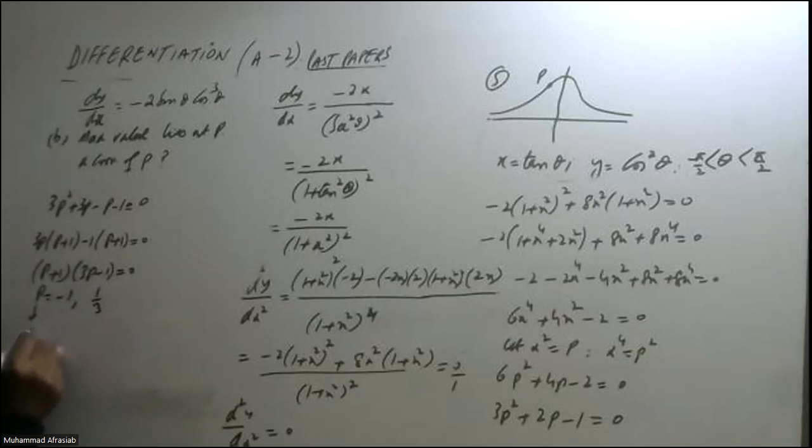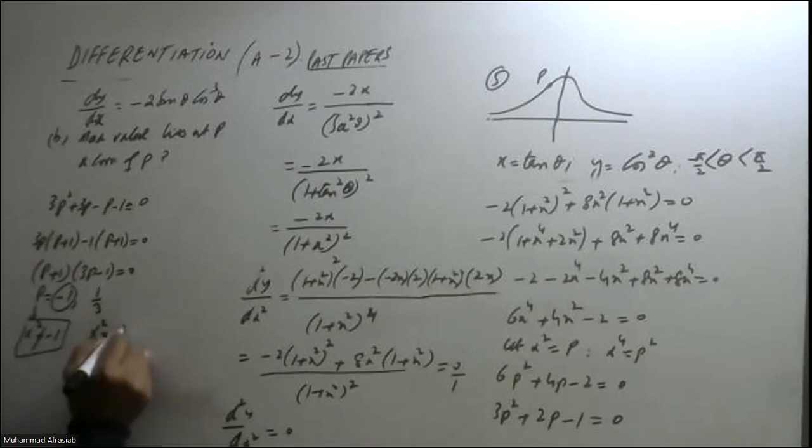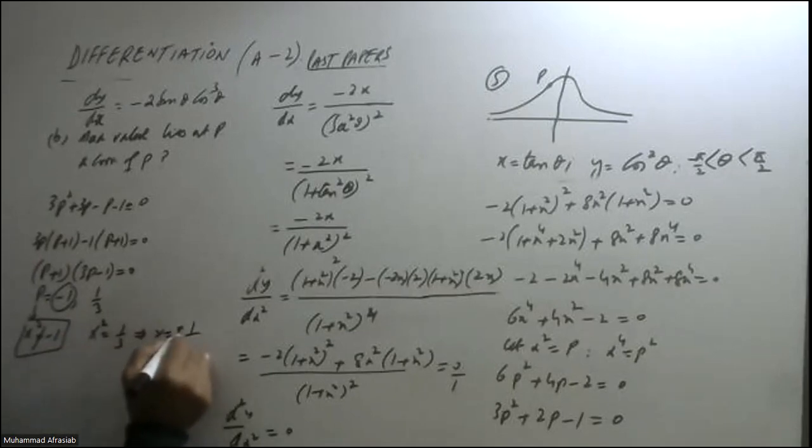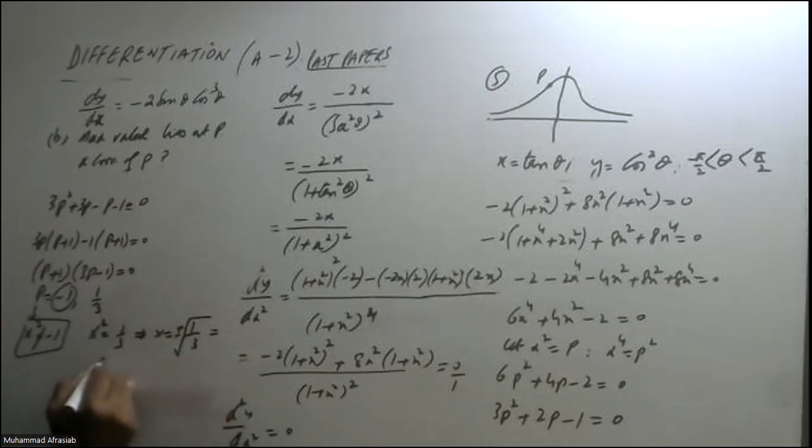But the p value itself equals x square, so it cannot be equal to minus 1. So this minus 1 value will be rejected. Then x square is equal to 1 over 3. Then x is equal to plus minus 1 over square root of 3, which is 1 over square root of 3 plus minus.